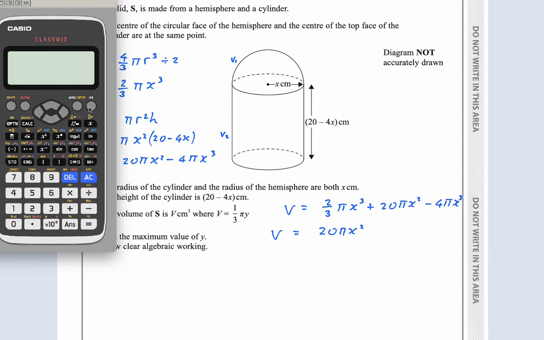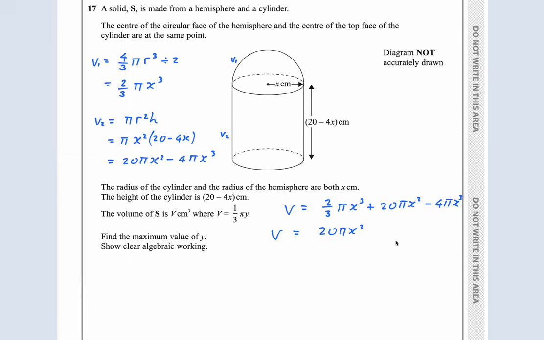So this is 2/3. You can forget the pi x cubed for a minute because it's going to be in terms of pi x cubed, but it's 2/3 minus 4. 2/3 minus 4 is minus 10 over 3. So this minus this is minus 10 over 3 pi x cubed. Okay, that's the volume in terms of x.